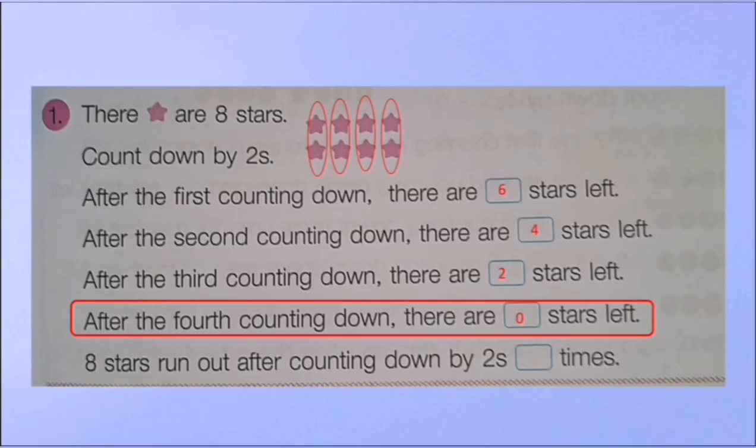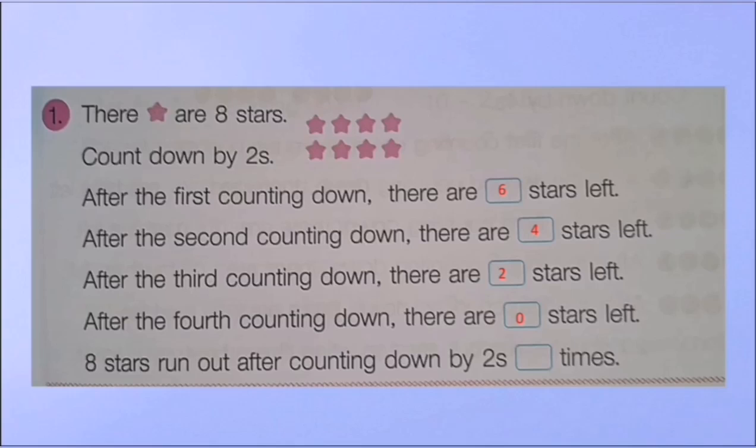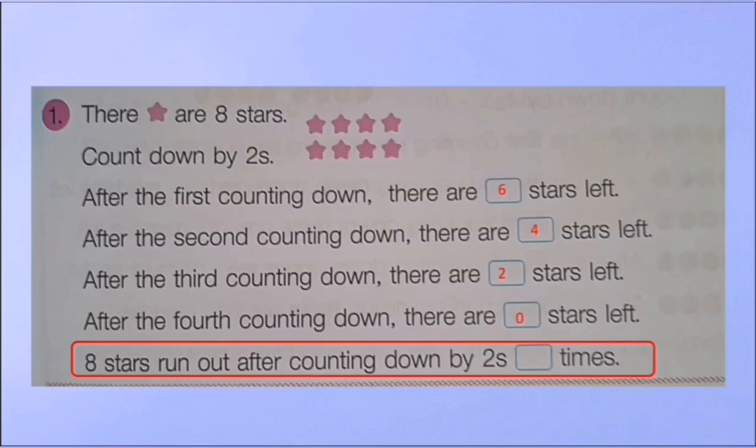Now let's go to the last sentence. 8 stars ran out after counting down by twos blank times. So how many times did we count by twos? Let's count. 1, 2, 3, 4.